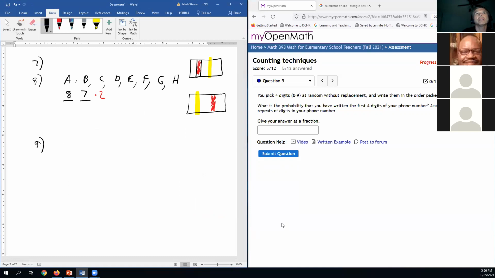So with this one, it says on 9, you pick four digits at random without replacement. So you can't pick the same number twice, is what that means, and write them in the order picked. What is the probability that you have written the first 4 digits of your phone number? So on this, there's only one arrangement of that.